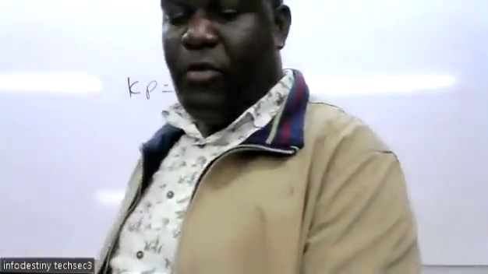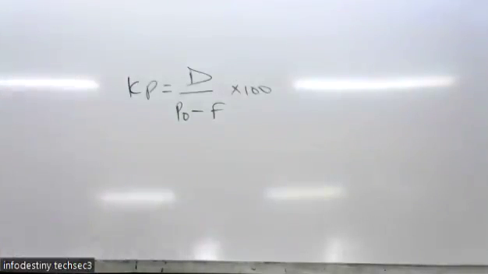So finally, we got the cost of the debenture or the bond. The last category was the cost of the debenture or the bond.